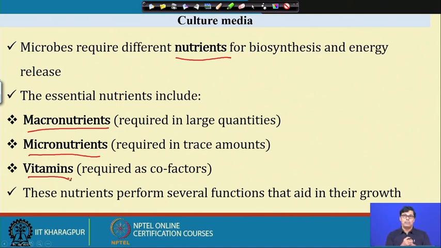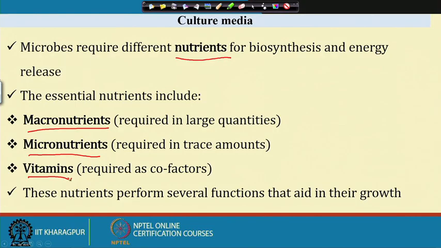I can give the example that in the baker's yeast industry, when we produce baker's yeast, we usually use carbohydrate, sugar as a source of carbon, which produces the baker's yeast. If you look at the stoichiometry, 1 gram of sugar produces 0.5 gram of baker's yeast. So that largely contributes to the baker's yeast formation process. So this is called macronutrients.